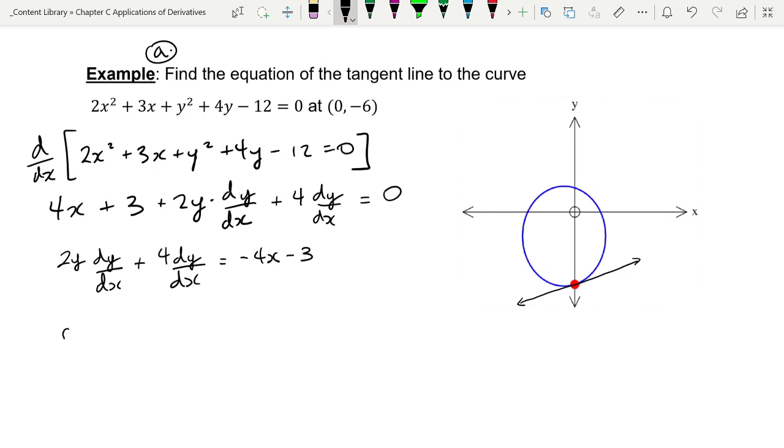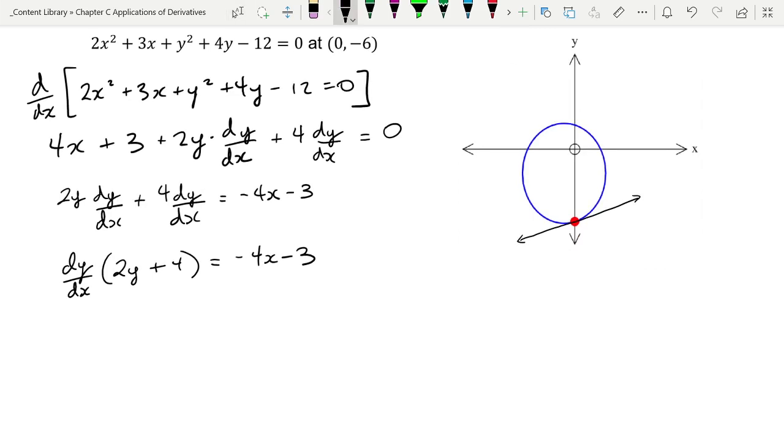Now I can factor dy/dx out, leaving me 2y plus 4. And then I can divide both sides of the equation by the thing I've factored out here, 2y plus 4. And that's it. That is the slope everywhere around the curve.